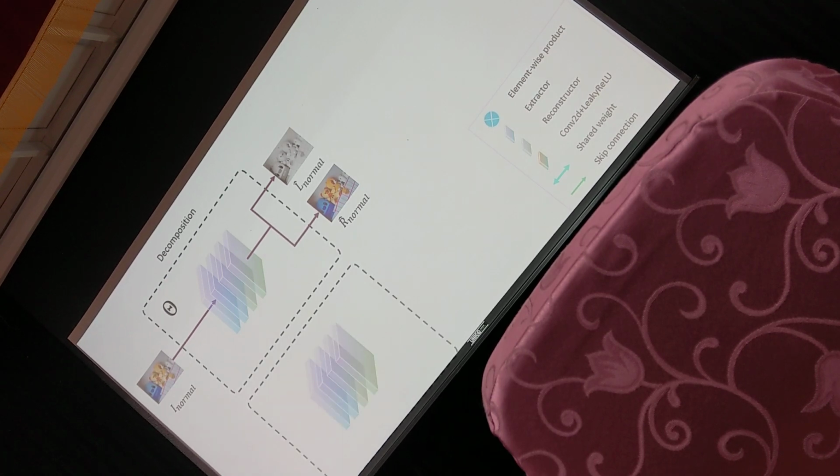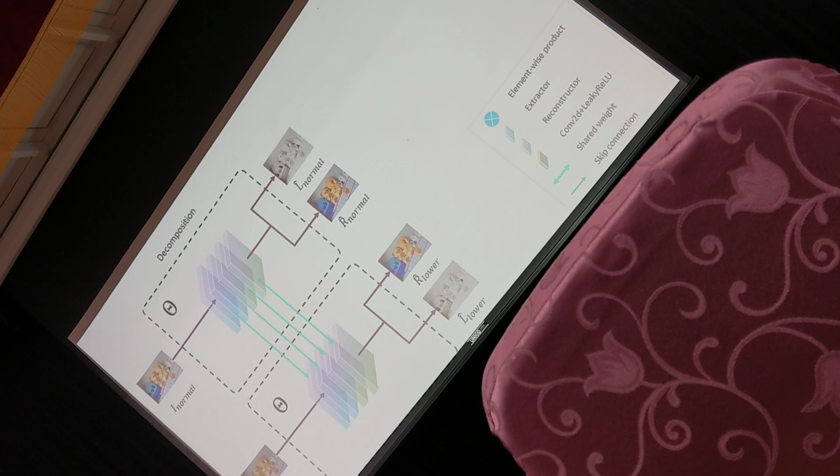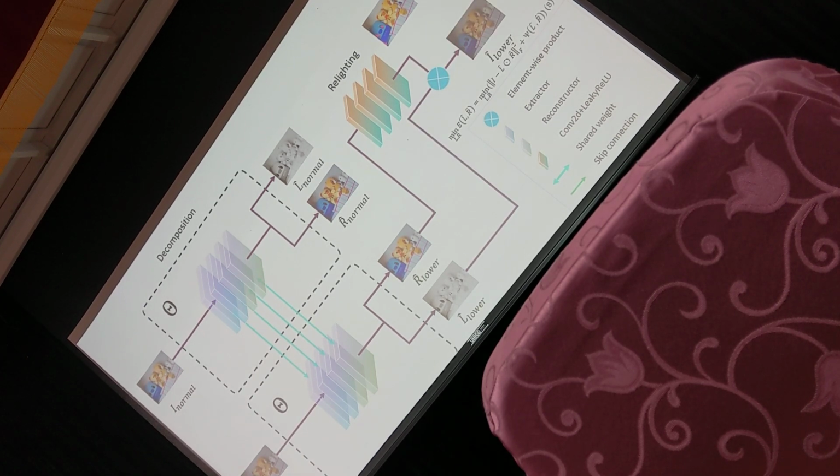Then we prepare the second model and share the parameter set with it, and train again, but with low light images to get the low-light version of the reflectance and illuminance. Later on, we enter the relighting phase to make the relighting prediction and combine it with the illumination through an element-wise product to get the final result. And this is a training loop that we continue doing.